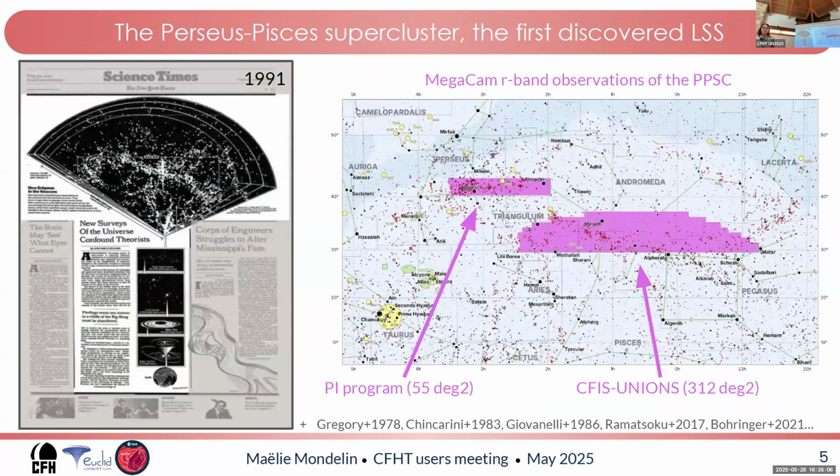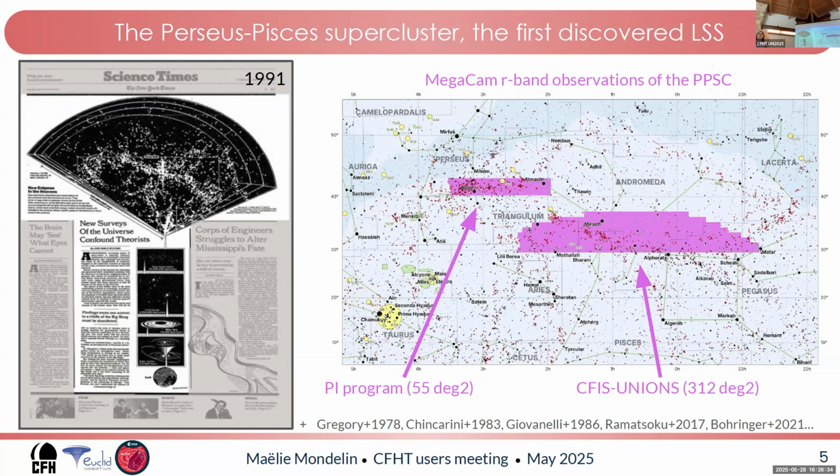So the supercluster is the Pisces-Perseus, which is one of the first discovered large-scale structures on the sky. It's observable in the autumn sky and represents something like 60 degrees on the sky, which is a really huge superstructure and really close to us at a redshift of 0.017.